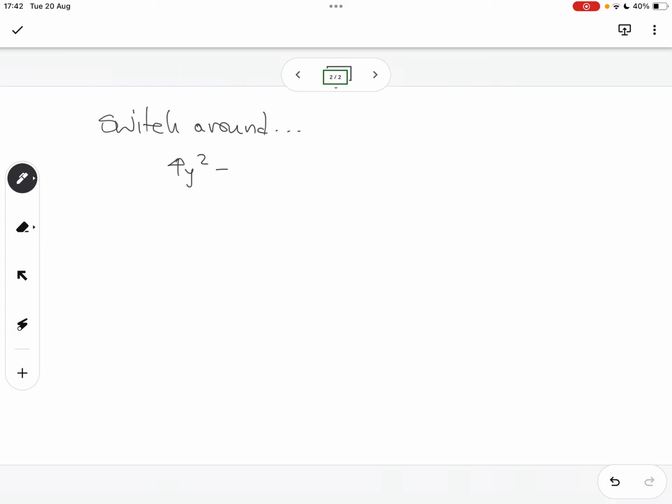And how are we going to do that? Let's say we have 4y squared minus 2y, ne? We're gonna do a switch around, ne?